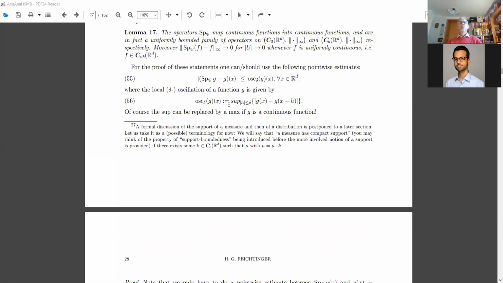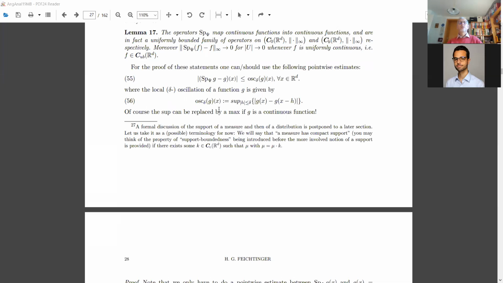Now, because the function g or f in my statement is supposed to be uniformly continuous, we know that if you give me an epsilon, I find a delta such that whatever the argument differences are, as long as the positions are closer than delta, the difference will be smaller.